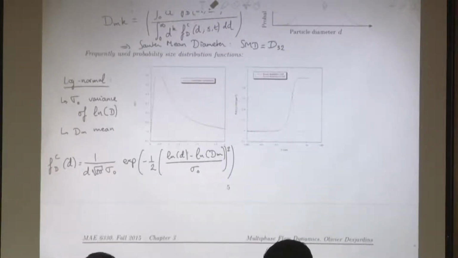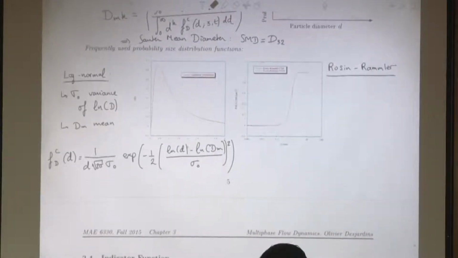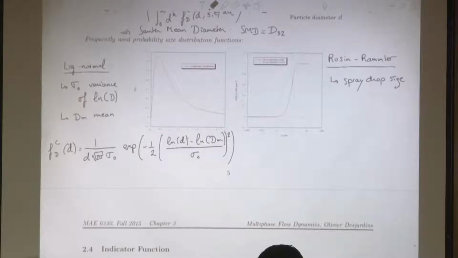People doing sprays, I've worked a lot with what's called the Rosin-Rammler distribution. That's been found to be more easily tunable to represent spray drop sizes. That seems to work fairly well. So it's purely empirical. There's no physics behind that.